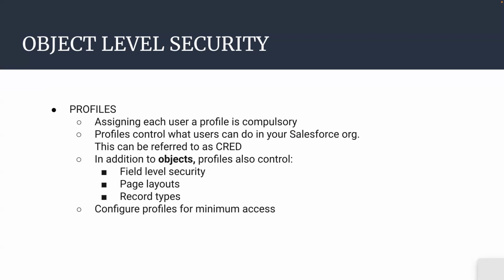So your profile will define whether you have permission to create a record in this object, or you can just read, you can edit, or you can delete. If you, for example, give the delete permission, you will automatically get the permission to read, edit, and I think create as well. So that's how it defines.